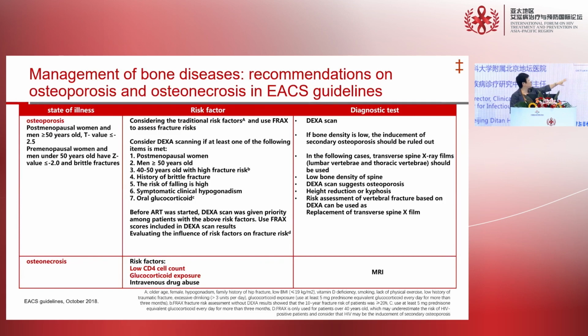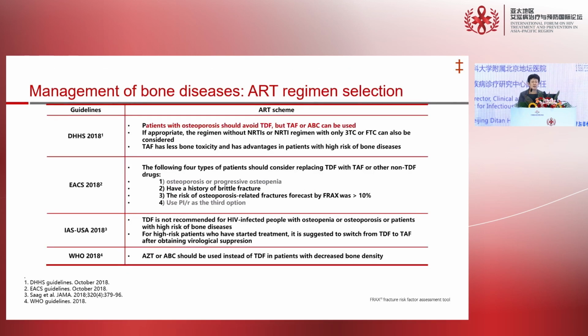This guideline also talks about risk factors according to different age groups. Then you need to scan the patient with DEXA, and it should be age-based. For example, when they are above 50 years old, you use different parameters for the elderly versus the younger population.